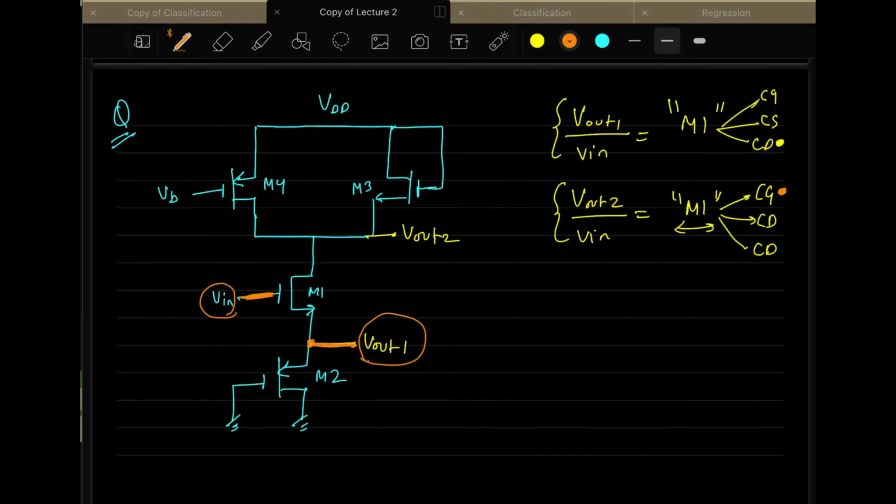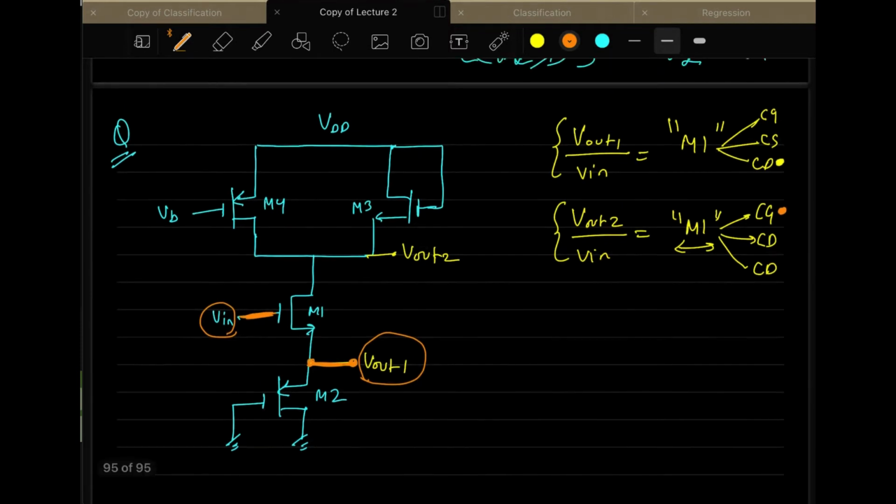When you are getting output at the source, you already know in which circuit it happens. It happens in common drain circuit. So in the first case, when you are saying it's common drain, it is right, because you are applying input at the gate terminal and getting output at the source terminal. That's why it is a common drain amplifier M1.